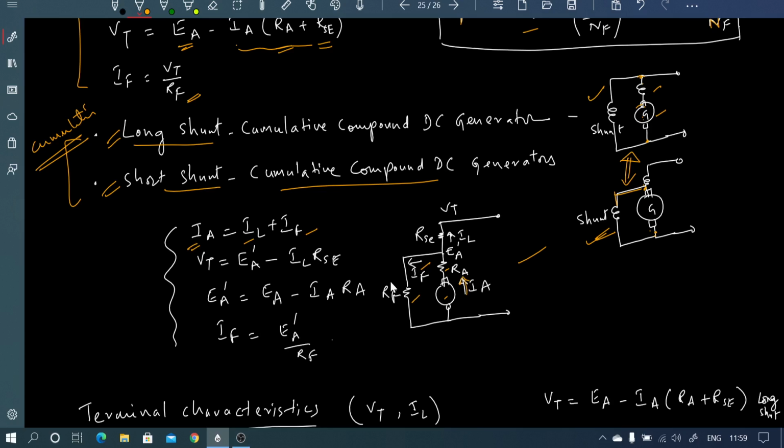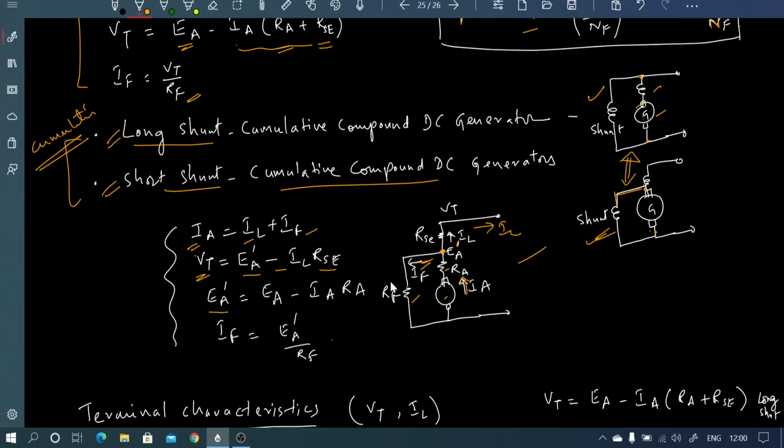This IA is still equal to the field current plus IL, but VT is now equal to the junction voltage EA prime minus the series field voltage drop, that is IL into RSC.